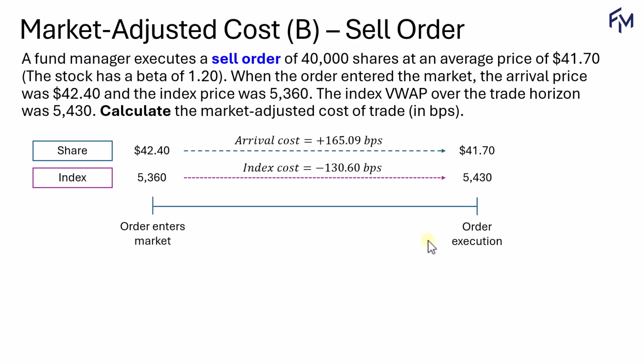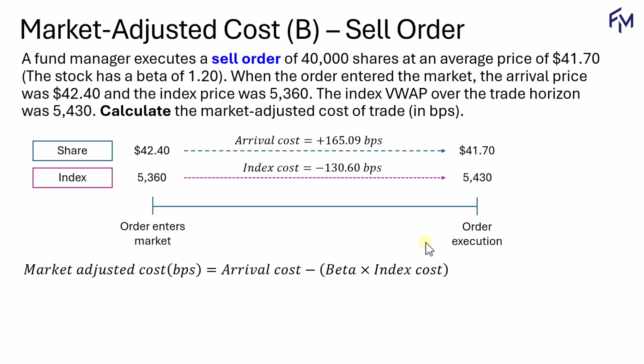So if we attempt to calculate the market adjusted cost, the arrival cost, which is 165.09, minus 1.2, the stock beta, times negative 130.6. So for the second term, this becomes a positive 156.72, which means that if we had taken out the effect of the market movement on the stock, the arrival cost would have been higher by 156.72 basis points.